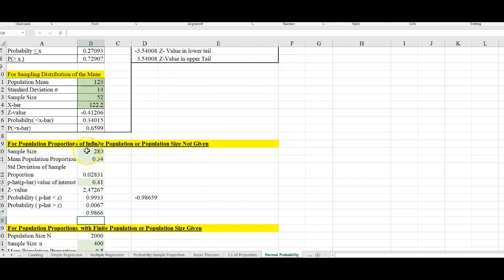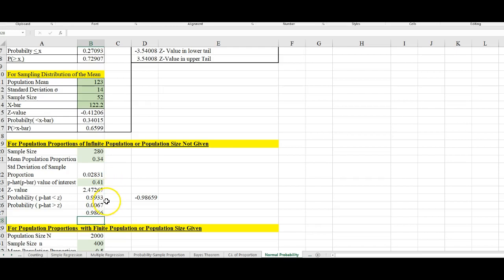So back with the tool, we've changed the sample size to 280. The mean population proportion is still the same. The standard deviation of that sample proportion, also called the standard error, will be different, 0.0283 to 4 decimal places. I've gone on and entered in the upper limit for that interval, that is symmetrical about the mean of the proportion.